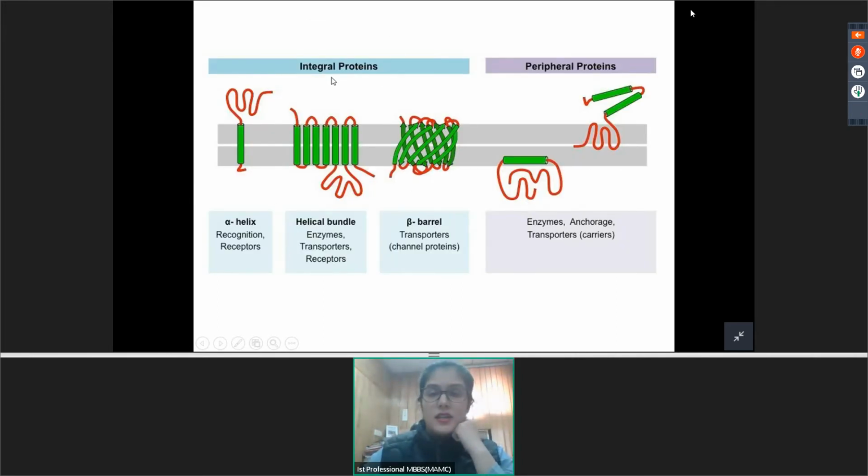This slide shows that integral proteins can have an alpha helical structure, or there can be a helical bundle in which there is a single peptide which has multiple alpha helical domains. Or if the integral protein is having a beta pleated sheet, then many beta pleated sheets come together to form a beta barrel.